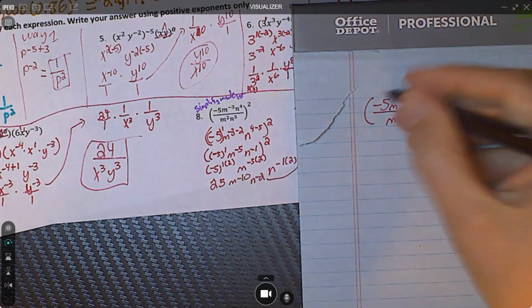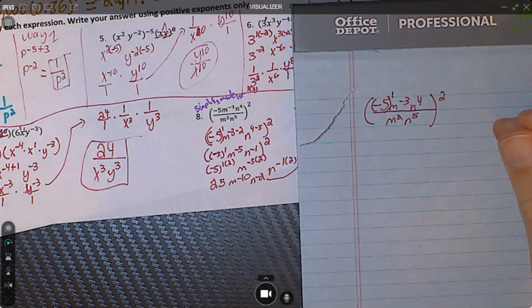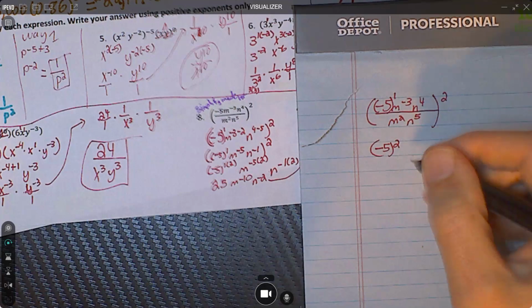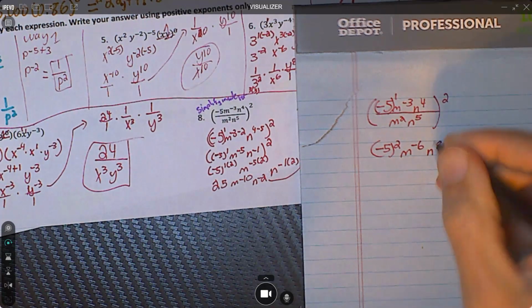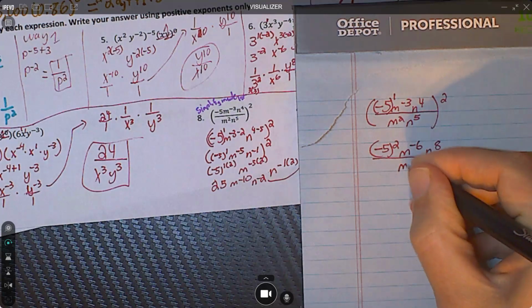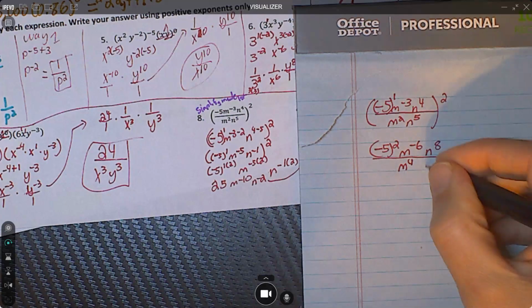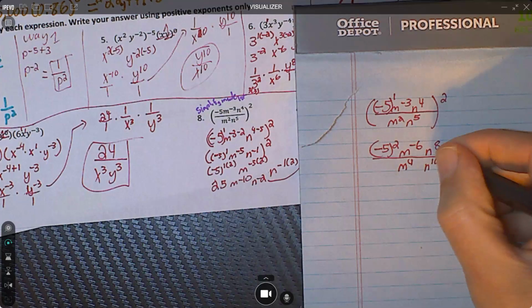Okay, you could have done it this way. It's a negative 5 to the first. You could have done negative 5 squared, power to a power. M squared squared is m to the fourth. N to the fifth times n to the squared is n to the 10th.